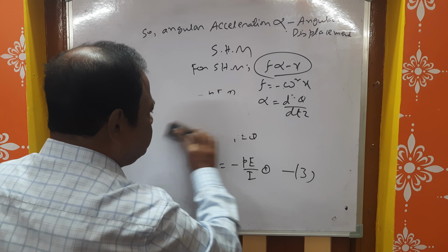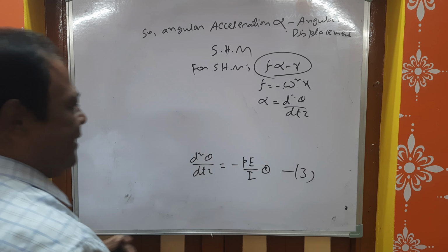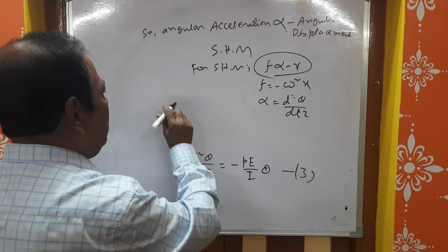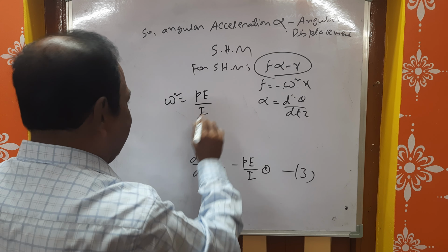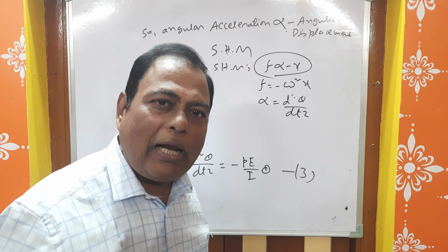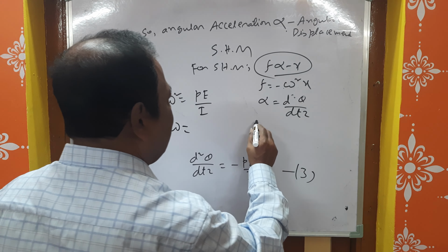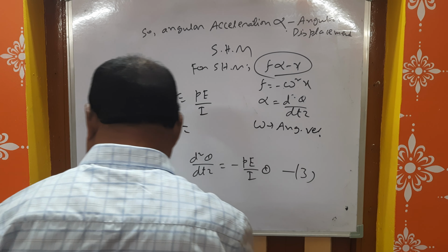So comparing that, P E by I is omega square. Omega is the angular velocity.